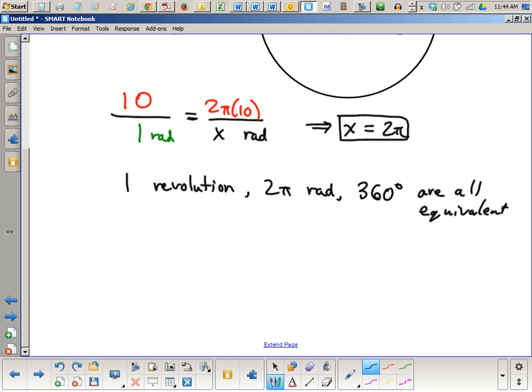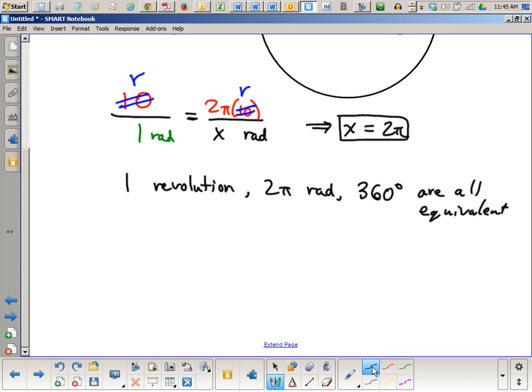Same thing. Just for that specific circle? No, it's true for any circle. What happened was, if you traveled any distance along the edge that's equal to the radius of the circle, either way this r would have canceled out and I would have gotten 2 pi. So all circles have 2 pi radians, just like all circles have 360 degrees.